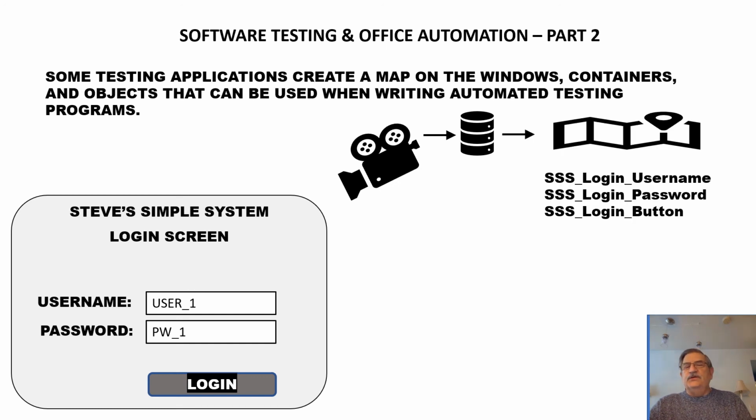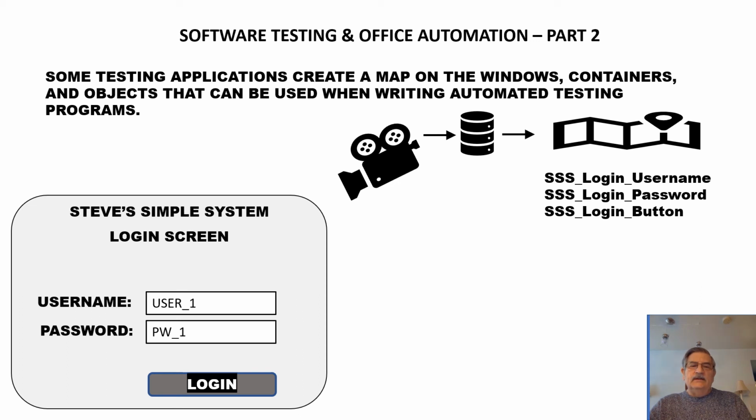And some software testing applications create a map while you're going through the screens. It may use different names than the name the software coder used, because everything has to be unique on this screen for the testing software to work.